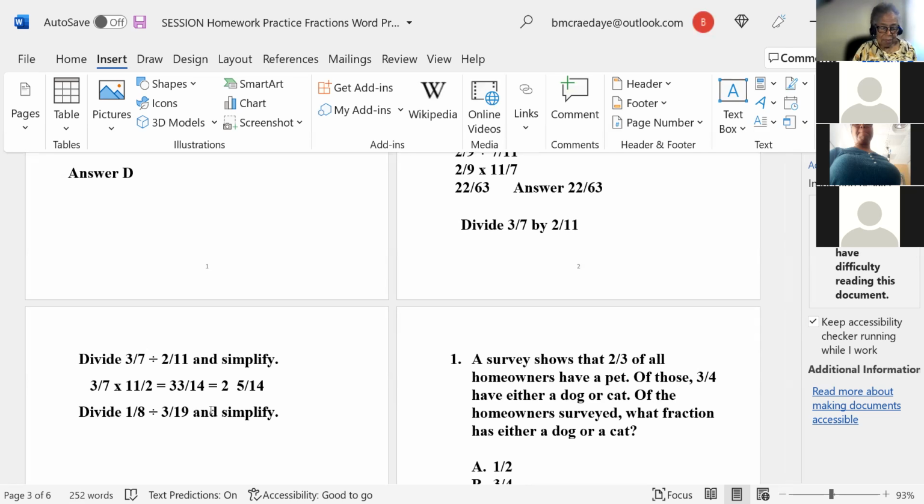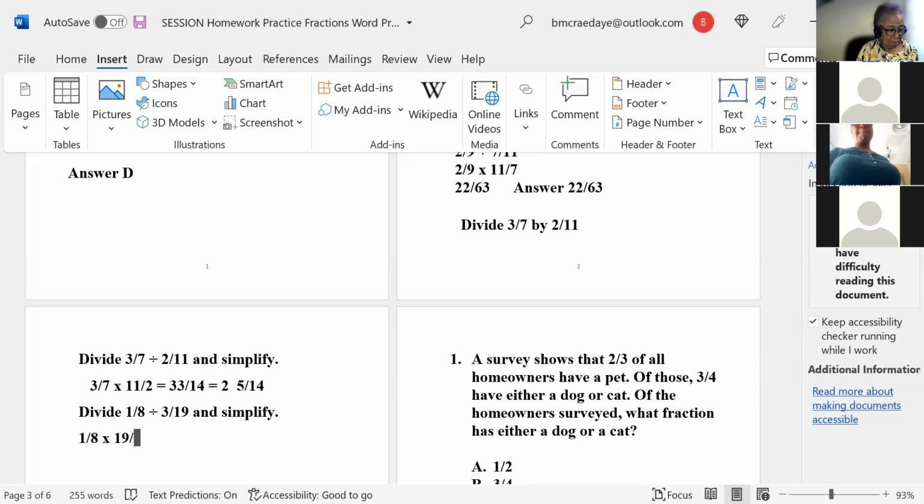Okay, the answer is 19 over 24. Okay, so 1/8 divided by 3/19 becomes 1/8 multiplied by what?